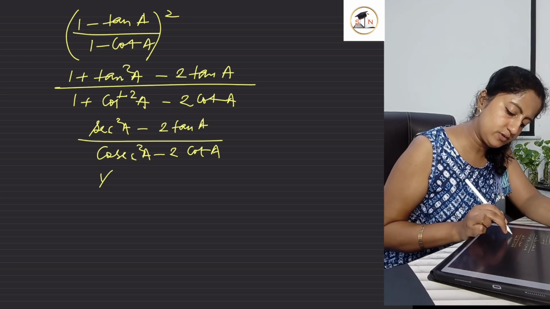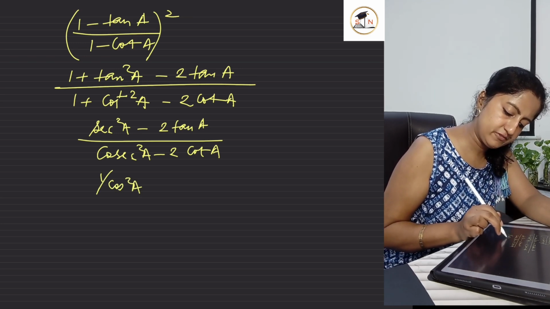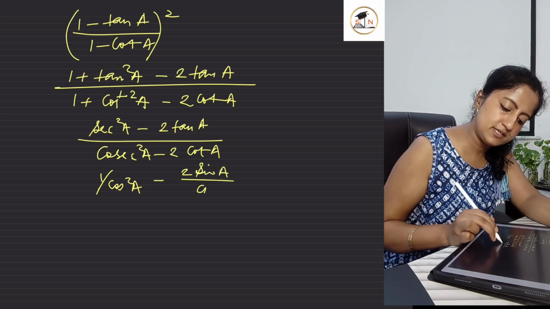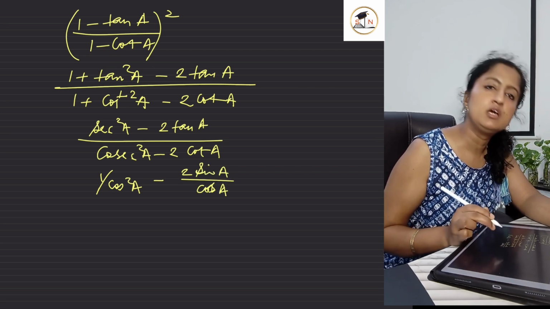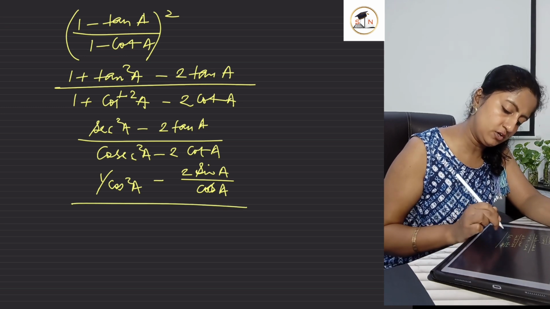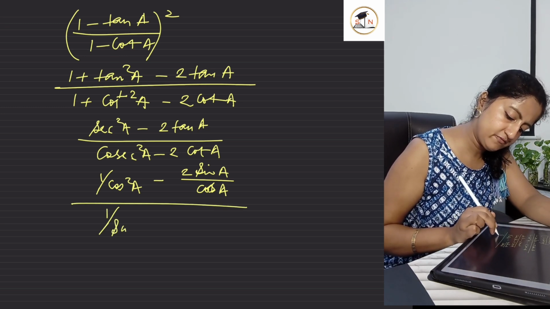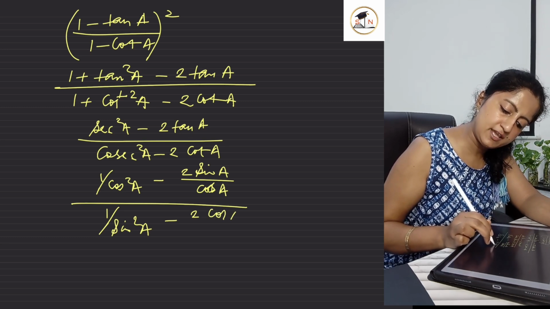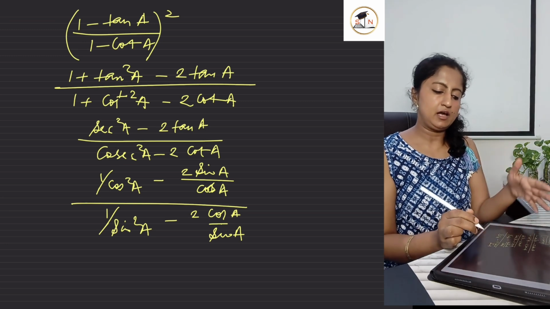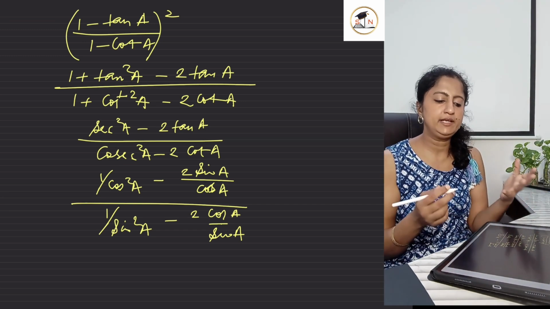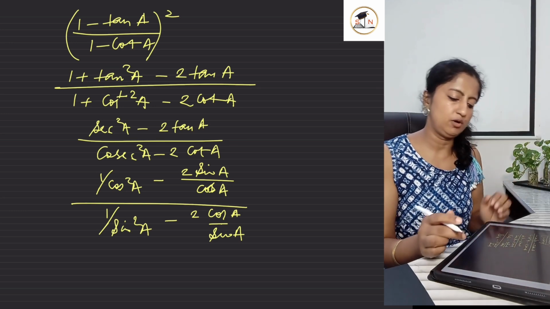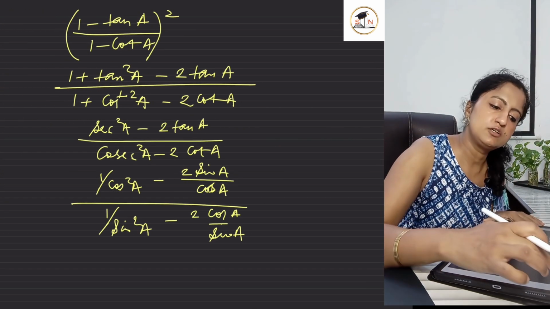Right? What is sec square A? 1 by cos square A. Eventually, I had to convert, so minus 2 sin A over cos A. This is just your numerator. Now the denominator, 1 by sin square A minus 2 cos A over sin A. Now in this step, we need to take the LCM in the individual numerator and then the individual denominator.